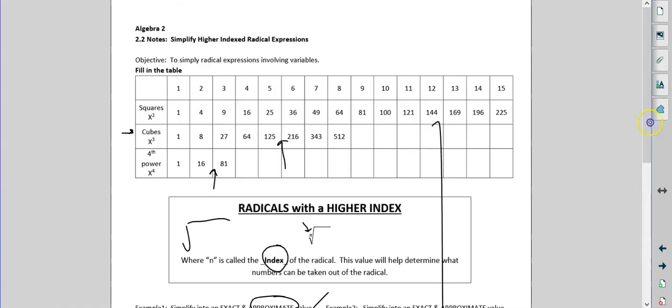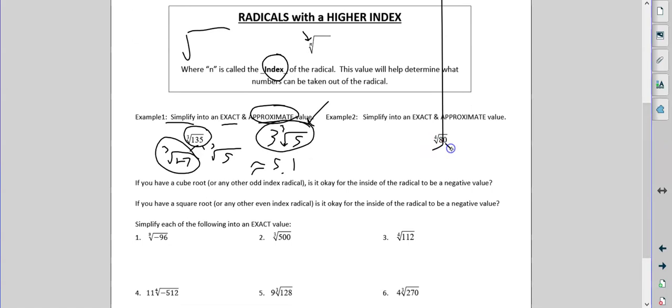So this is going to break down to the fourth root of 16 times the fourth root of 5. 16 times 5 is 80. The fourth root of 16 is 2. 2 times 2 is 4, times 2 is 8, times 2 is 16, and then the fourth root of 5.